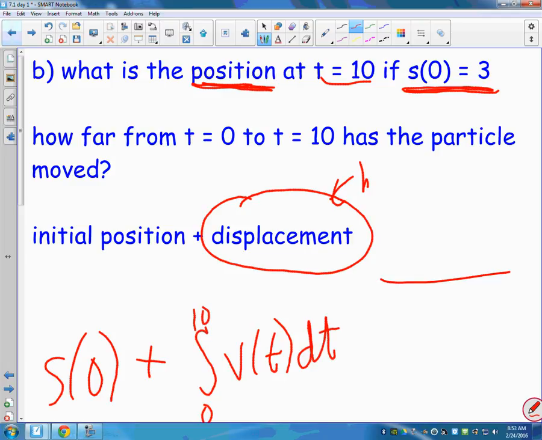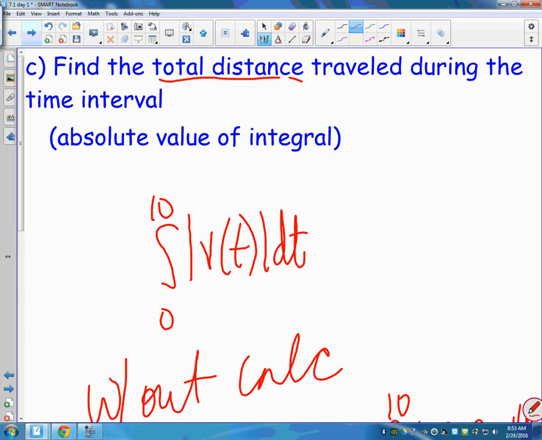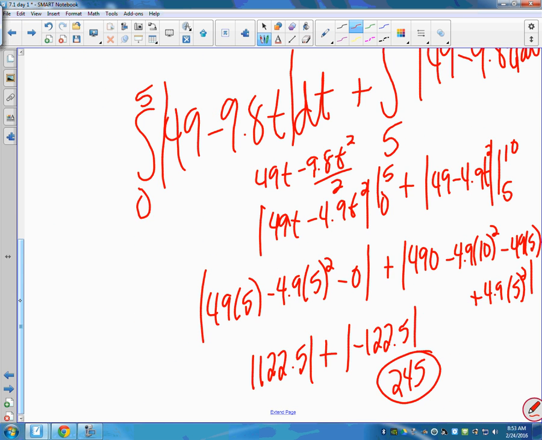So that means between 0 and 10 seconds, however far it moved positive, it moved the same amount negatively, right? So the area canceled each other out, which is how I knew when we were doing the total distance that I should get the same thing, only one positive and one negative. That's the only way that I could get a net movement of 0.